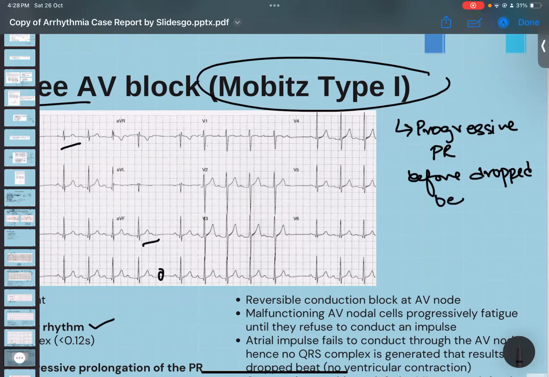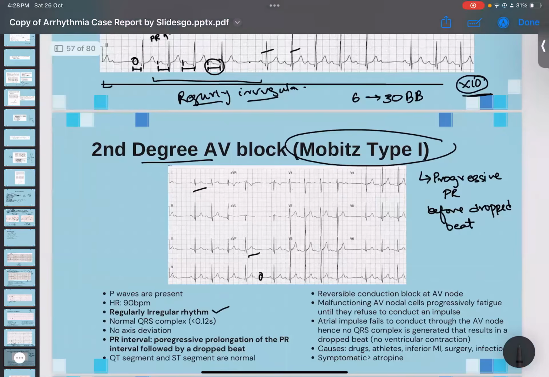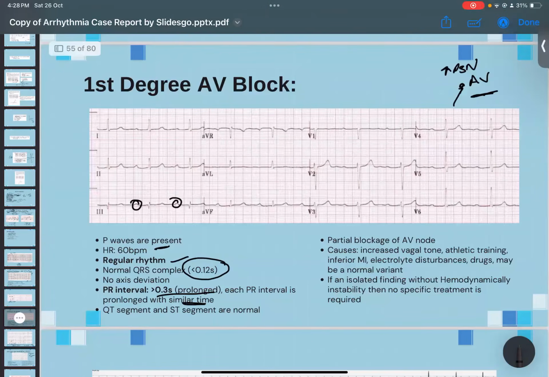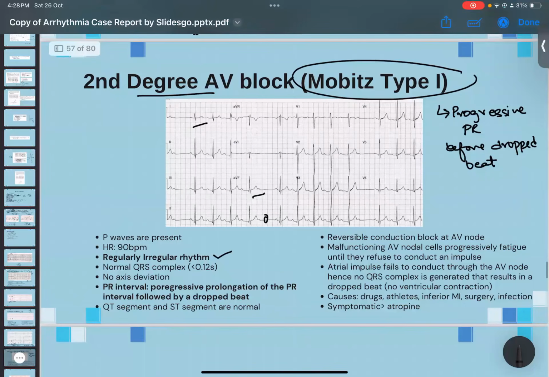And in first degree AV block, there were only prolonged PR intervals, there was no drop beat. But in the case of second degree Mobitz type 1 block, you're going to see progressive PR interval prolongation before beat dropping. And this usually happens when there is a reversible conduction block at the AV node.